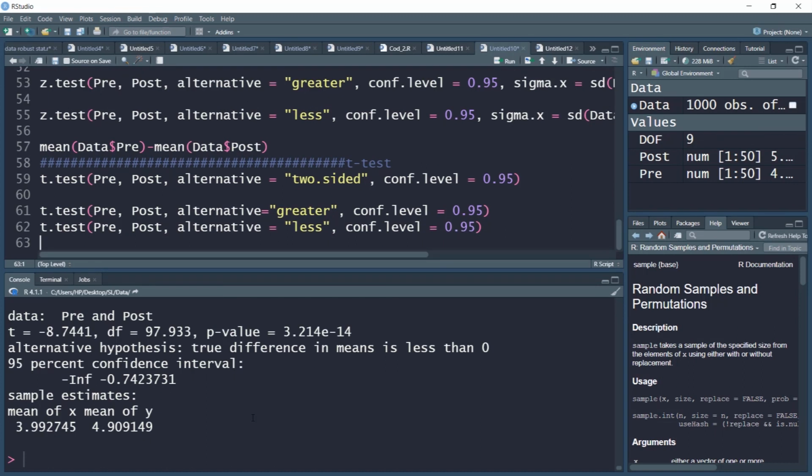Notice the t value is negative and very significant, which again conforms to our original hypothesis that pre is much lower than post, or we can say significantly lower than post. So this result is statistically significant, which is also confirmed by a very low p value, which indicates a very high level of significance. That means we can reject the null with a lot of confidence and make the inference that pre is significantly lower than post.